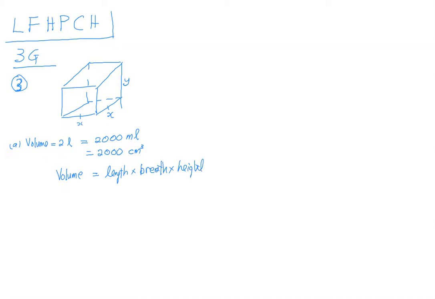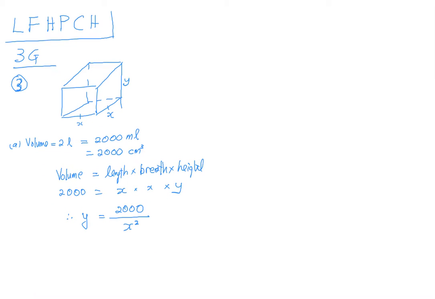Am I right? So 2000 is equal to x times x times y. So therefore, y is equal to 2000 over x squared. So that is how you explain the first part.